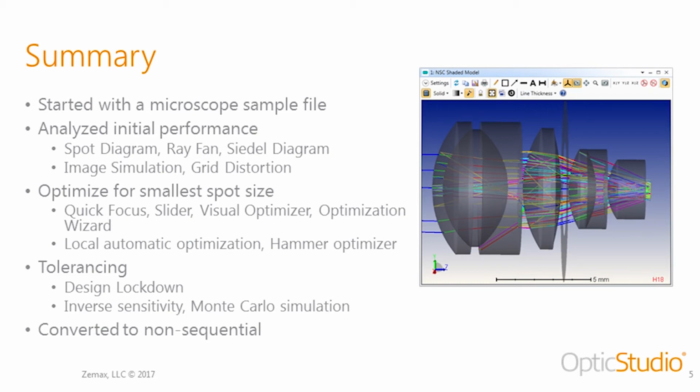Then we locked down the design and adjusted the semi-diameters, and ran a tolerance analysis. We used the inverse sensitivity tool to calculate the allowable decentration of the last lens here. Then we ran a Monte Carlo simulation to look at the effects of all of the tolerances at once. And then lastly, we converted the file to non-sequential mode.